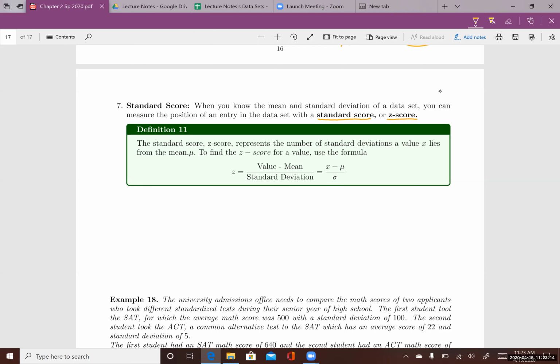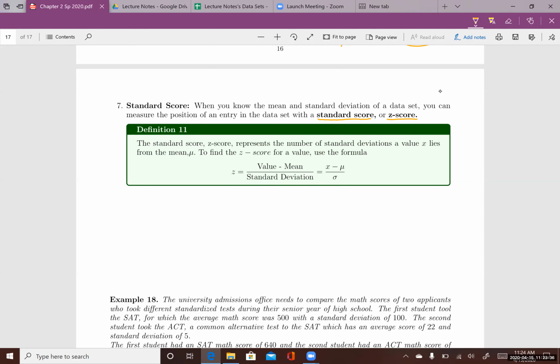Earlier, when we talked about standard deviations, we could only measure the positions of data entries that are 1 or 2 standard deviations away from the mean. But if you use a standard score, or z-score, you can measure the position of any entry using the mean and standard deviation.